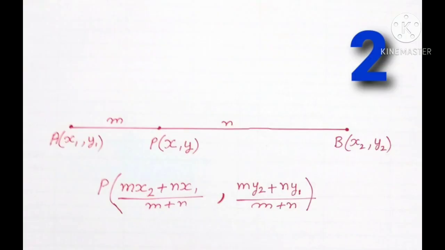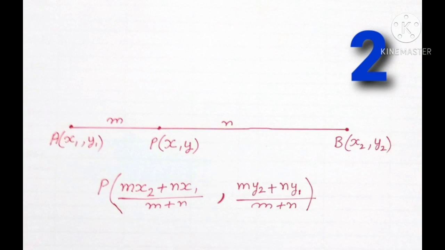Now look at this simple figure, right? We have a line segment AB and somewhere in between we have a point P which is dividing AB in the ratio of m is to n.